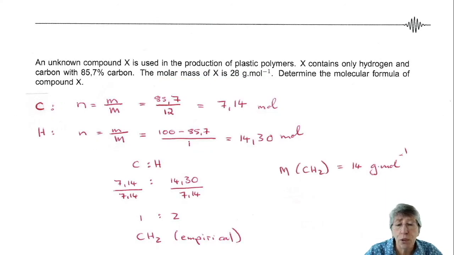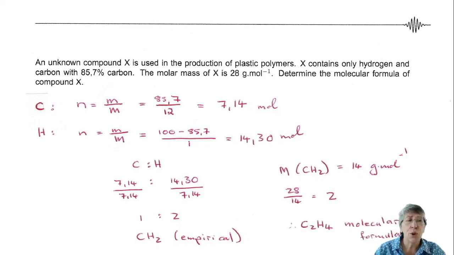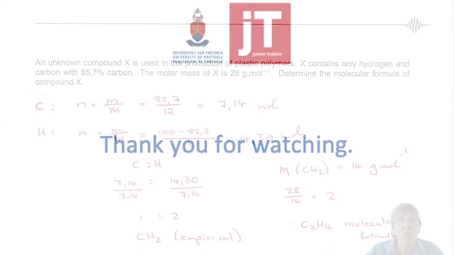We are supposed to have 28. So let's say 28 divided by 14. Okay, I need to double everything because the mass needs to double. And then you end up with your molecular formula being C2H4. This was the final of our videos on mole calculations for grade 11s.